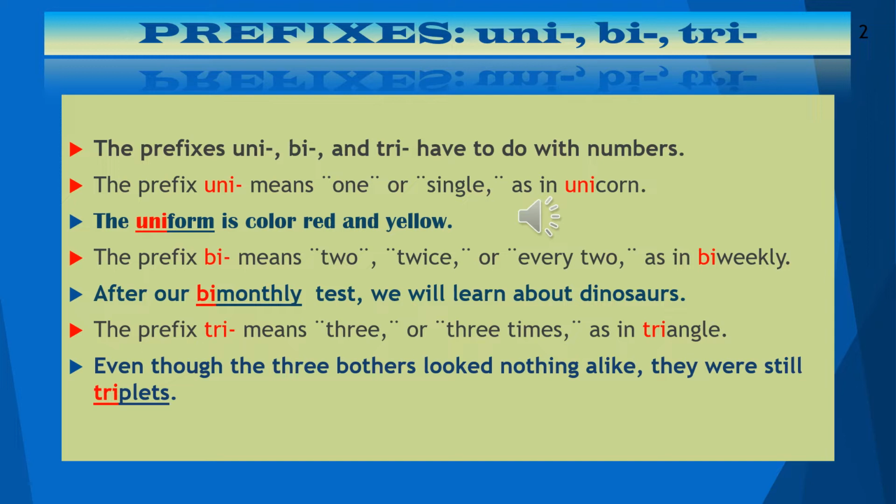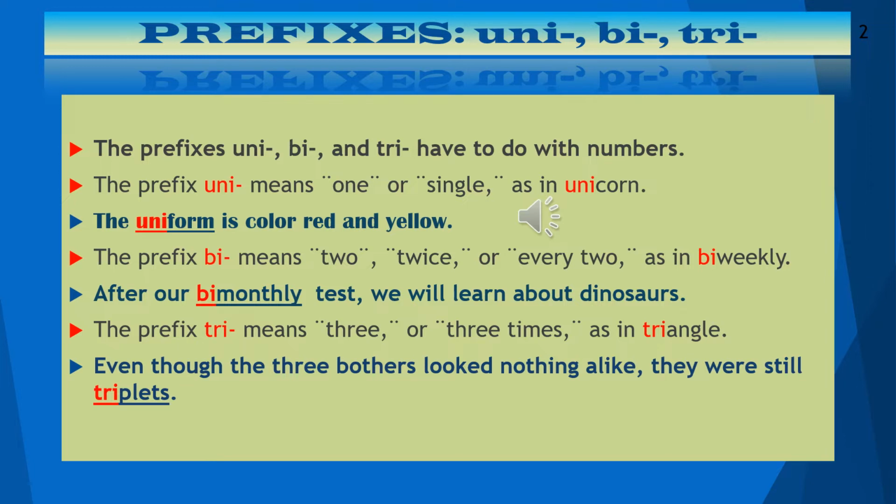Now, the prefix uni means one or single, as in unicorn. You see the red letters at the beginning of the word?